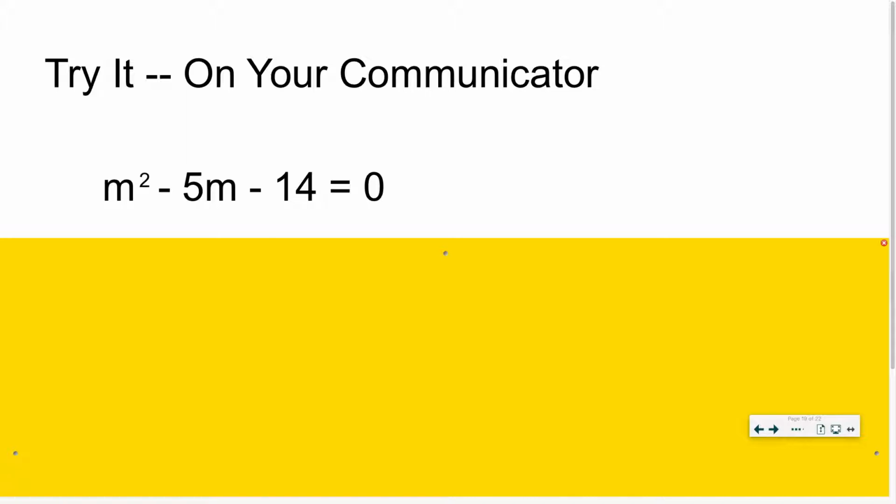Do I want to multiply by m? Oh, no, 1. Okay. So I'm looking for factors of negative 14 that add up to negative 5.